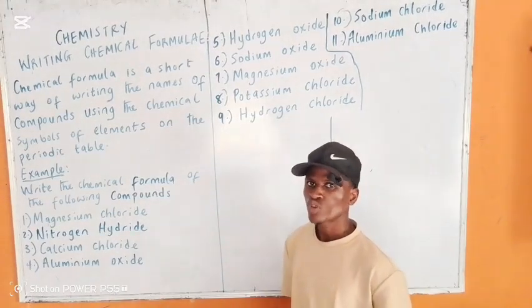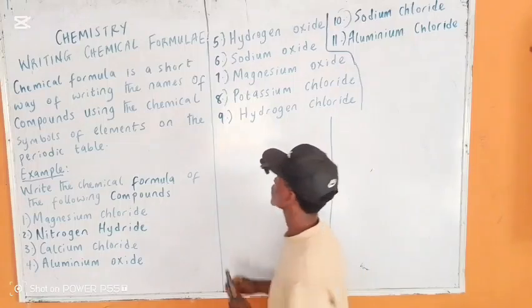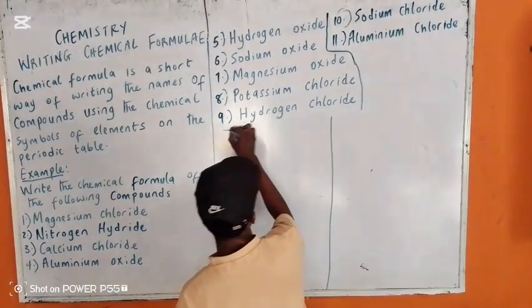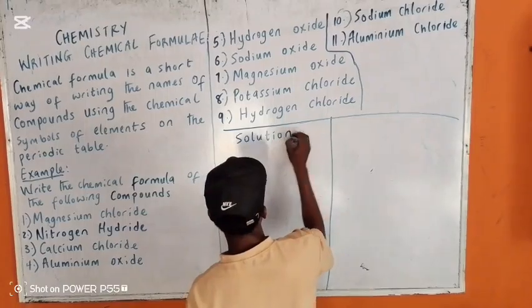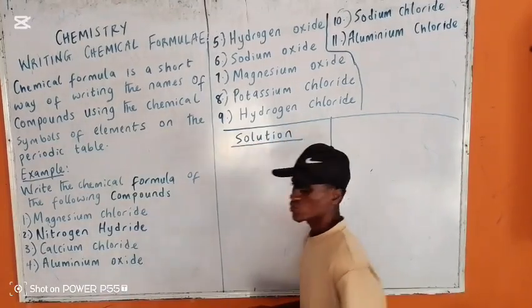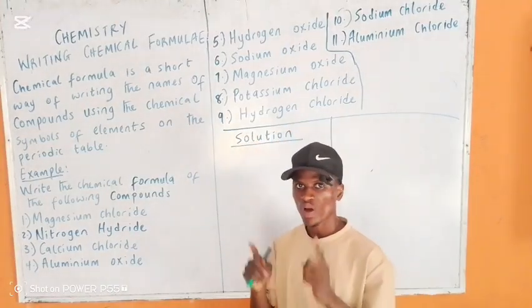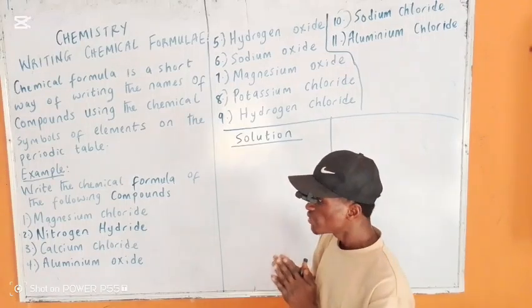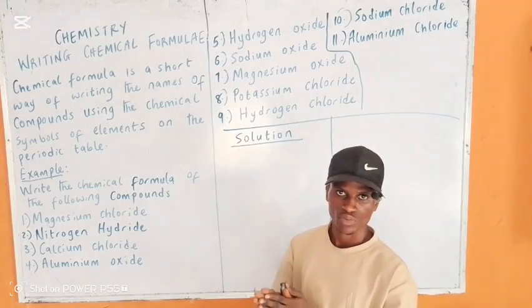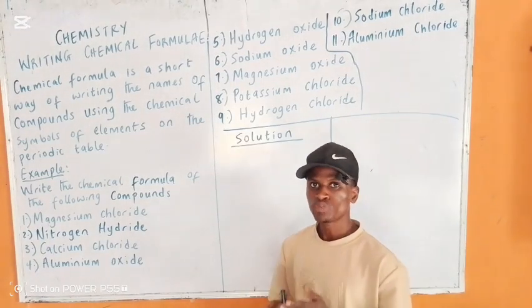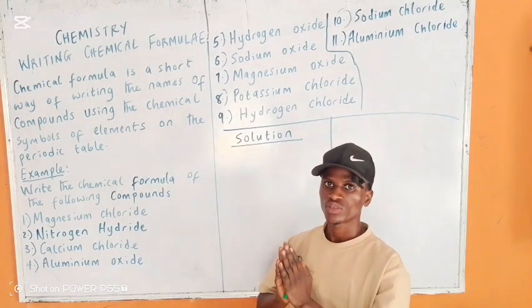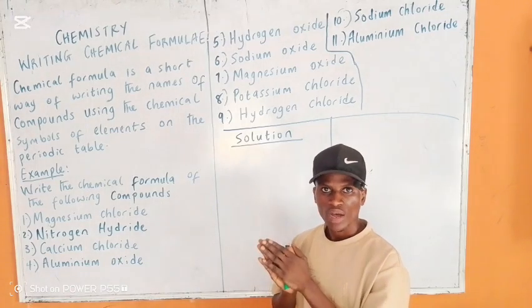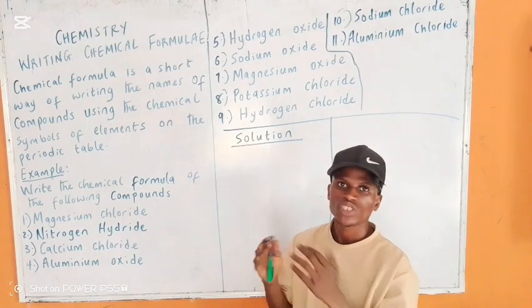Now, how do we go about things like this? Now, the first thing is to identify the elements present in the compound. Without you being able to identify the elements in the compound, writing the chemical formula for the compound will be somewhat difficult.